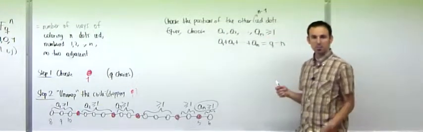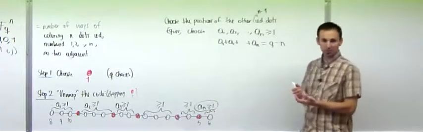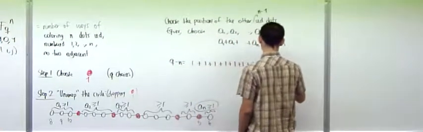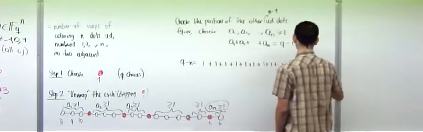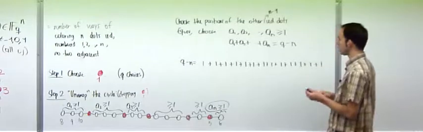And if you remember, actually, we already solved this. Because we said there's this very nice trick for doing this, which is to say, oh yeah, well, I'm going to write q minus n as 1 plus 1 plus 1 plus 1 plus 1 plus 1 plus. So there's q minus n things.